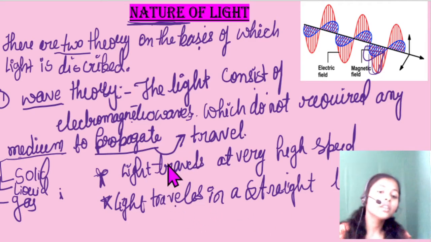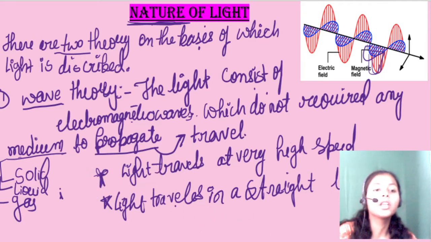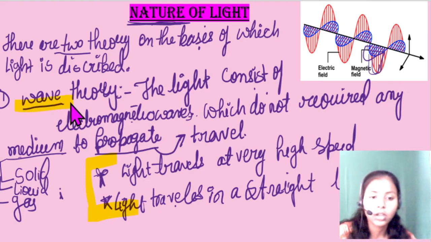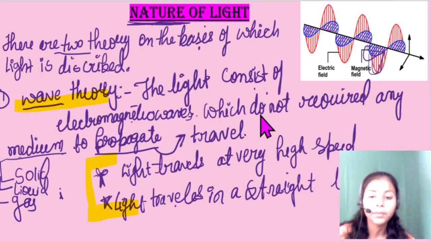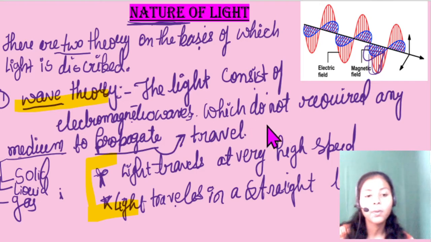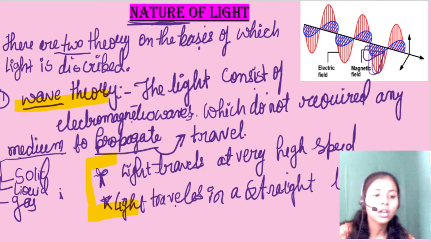These two are also properties of light, and this is about the wave theory. So what do you understand about the wave theory? In the wave theory, light consists of electromagnetic waves which do not require any medium to propagate.